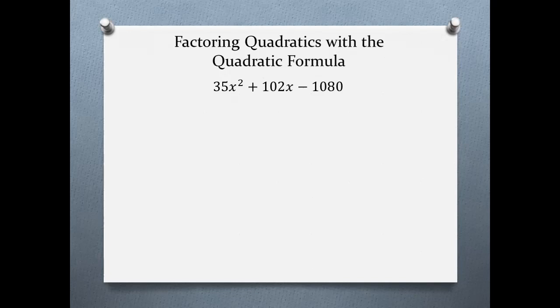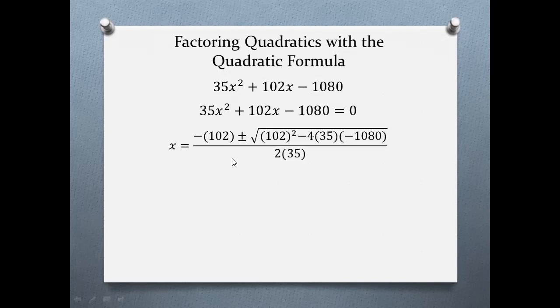All right, so let's check this. So for this particular expression, we would set the expression equal to 0. Then we would solve the equation. We get our two solutions. And let's keep in mind that both solutions are fractions. So we're going to multiply both sides by the denominator of the fraction for both equations.